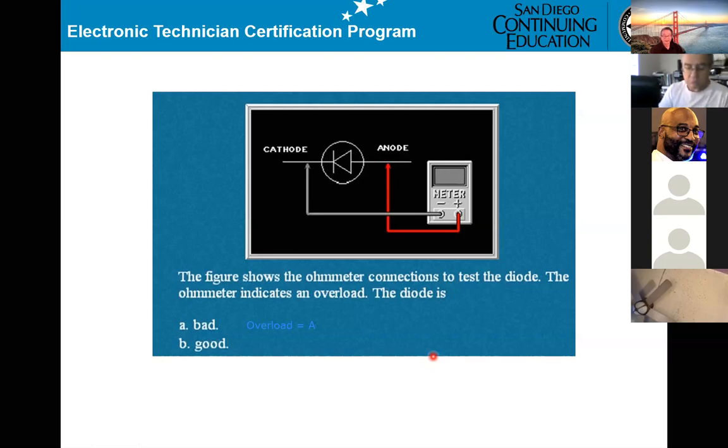If you want to measure the diode inside the circuitry, power must be completely removed. I will be telling you how the meter measures resistance, but not now.